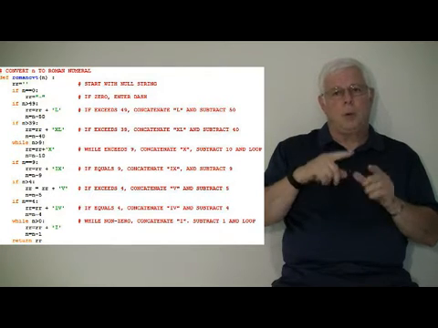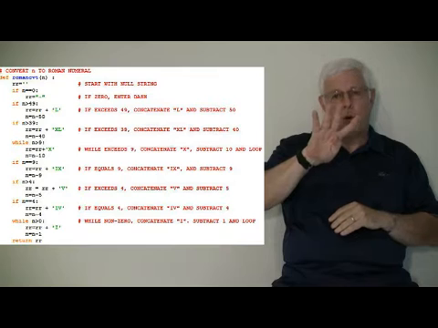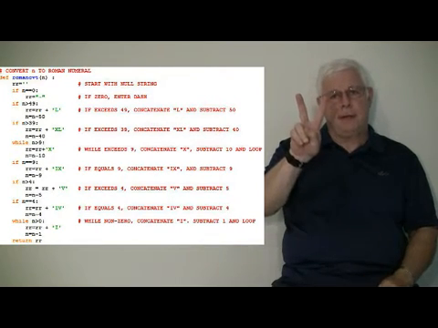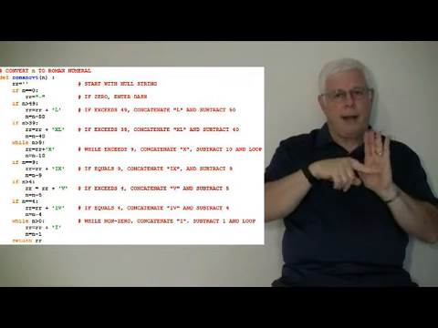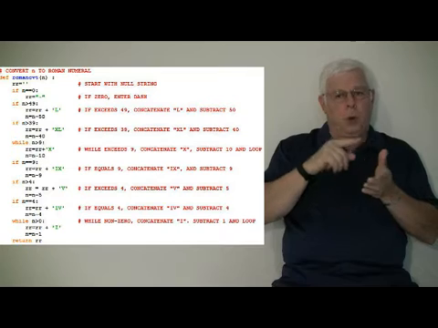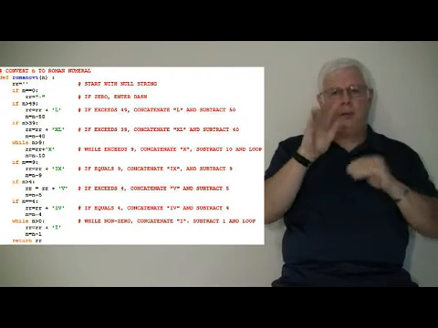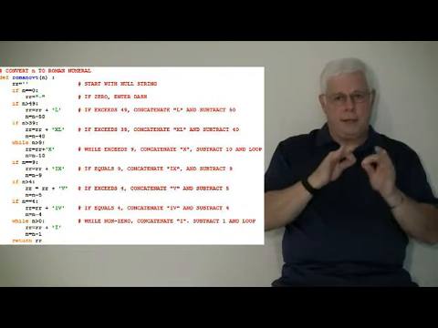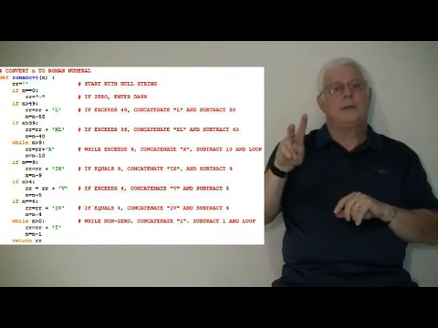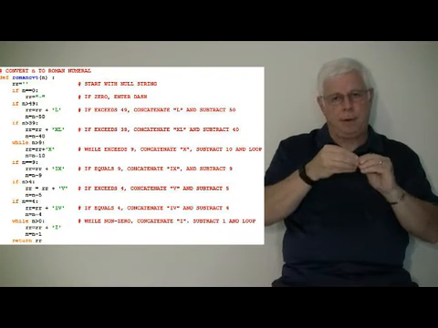And then we're going to check to see if the number is greater than 4. If it is, we're going to concatenate a V and subtract 5 from the number. And then we're going to check to see if the number is equal to 4. If it is, we're going to concatenate an IV, and we're going to subtract 4 from the number.